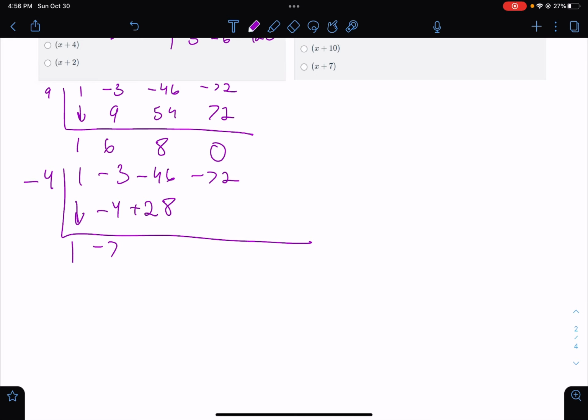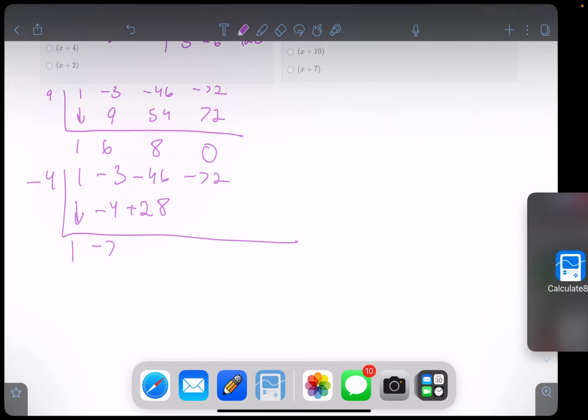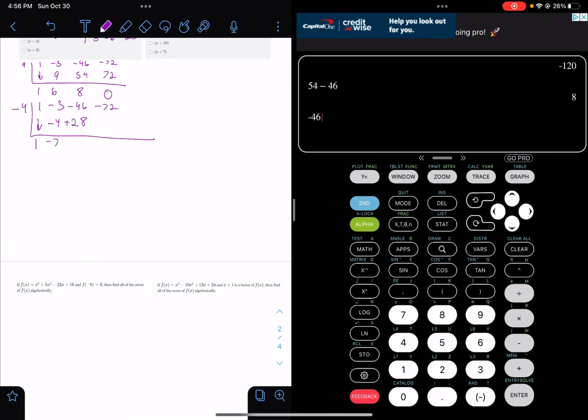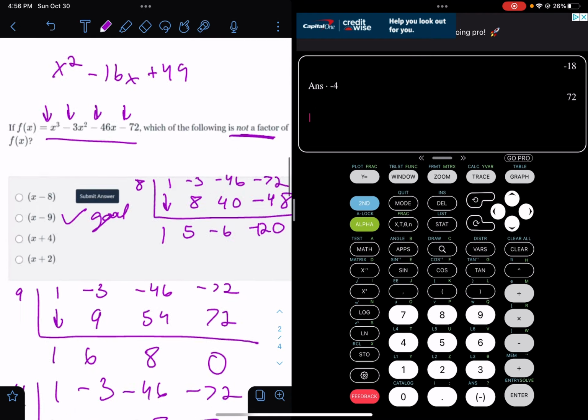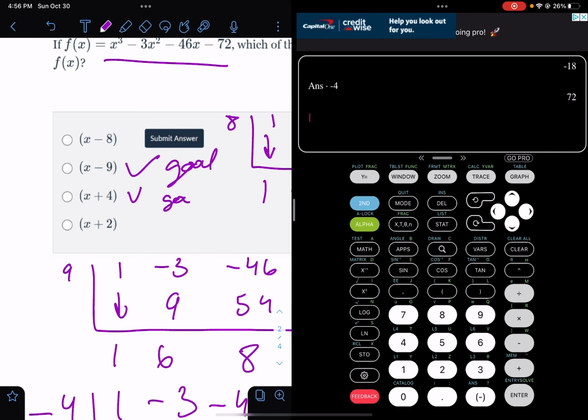Positive 28. I was looking at it like, this isn't going to cancel nicely. So now we've got a -46 plus 28, which gives us a -18. -18 times -4 gives us a 72. So again, we have a remainder of 0. That means that this guy here is a factor.